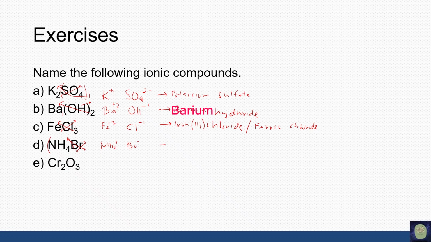So for 1, we do not write the number 1. NH4 is ammonium. And then Br is bromide. NH4Br is ammonium bromide.